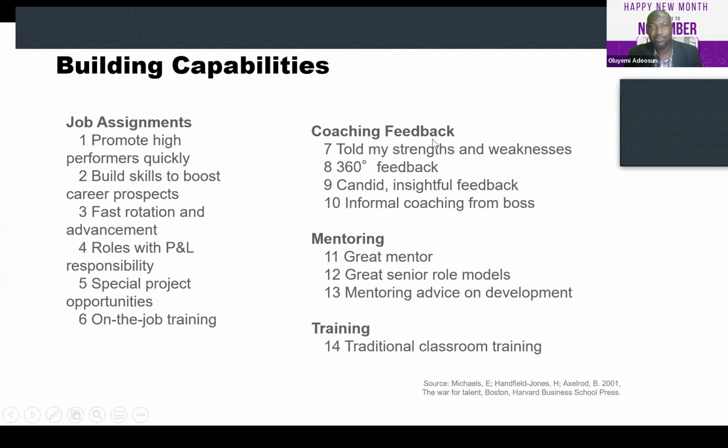There are different things there, but one major one is job assignments. So don't forget that you can learn on the job.